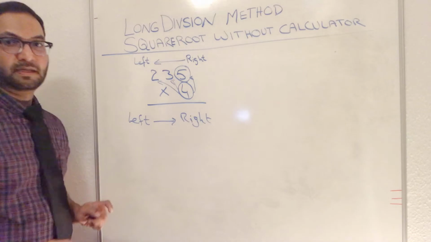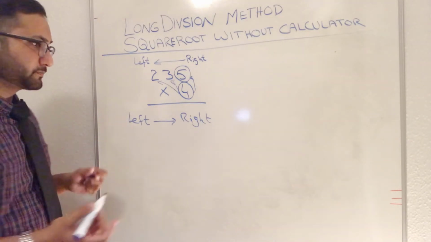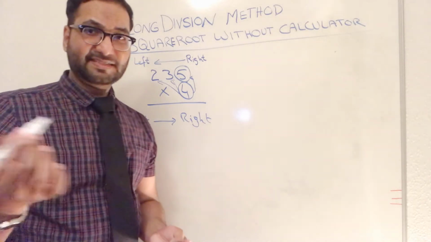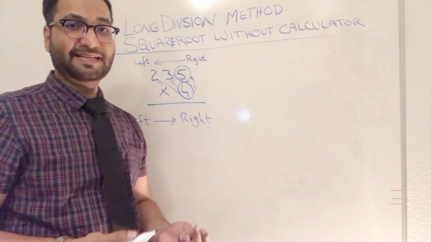One more thing I need to let you know: what is a unit value? A unit value is a single digit less than 10, which is 1 till 9, and 10 comes in the tens place.